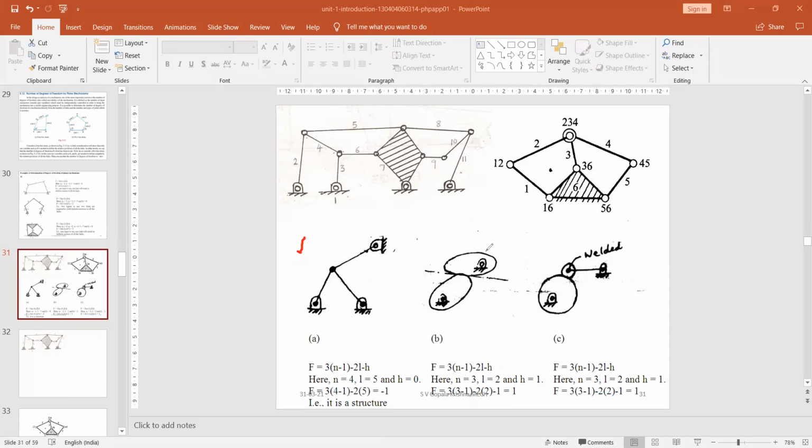How many links are there? Please respond.